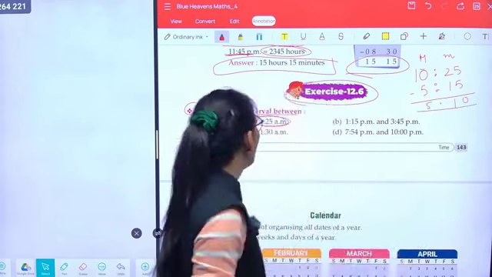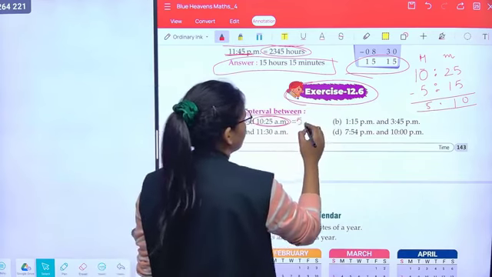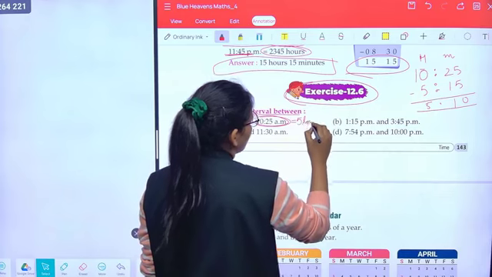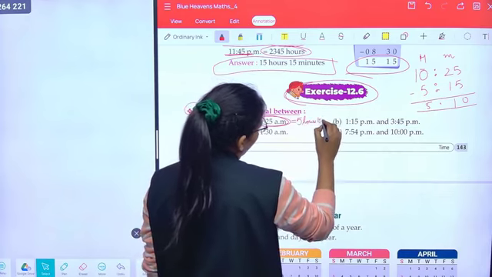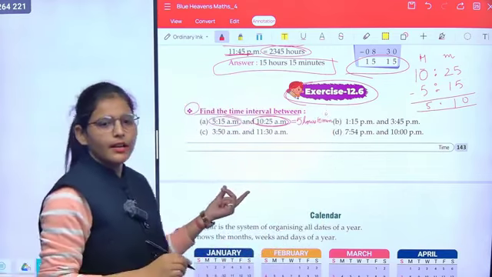So the interval is 5 hours 10 minutes. Okay class, 5 hours 10 minutes.